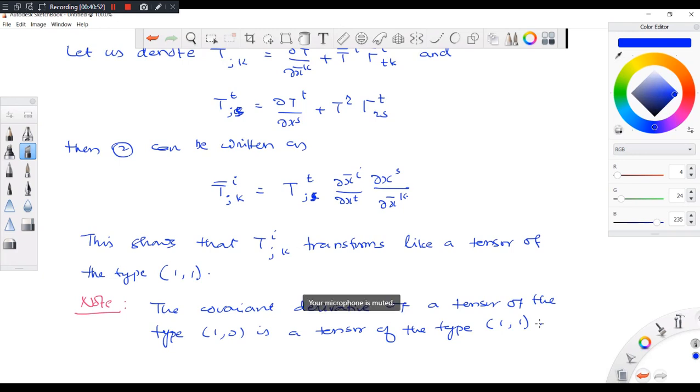Suppose you make a covariant differentiation, then it should be a covariant tensor of order 3. Okay, so every covariant differentiation will increase the order of the quantity by 1.